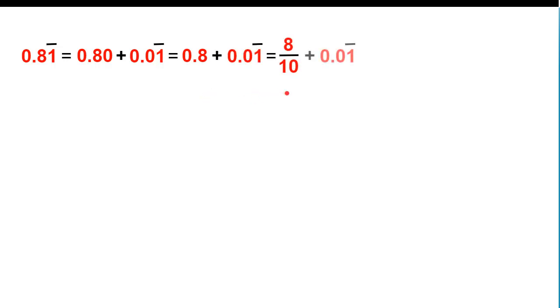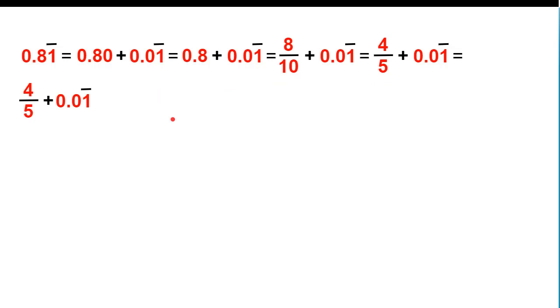Let's see another example. 0.81, where only the 1 is recurring. 0.80, I think you got the point by now, but I'll show this example anyway. 0.8 is 8 over 10, which is actually 4 over 5. You divide the 8 by 2 and the 10 by 2, and you get 4 over 5.